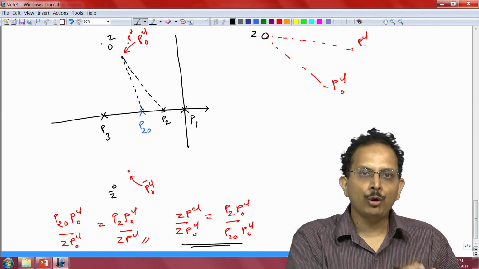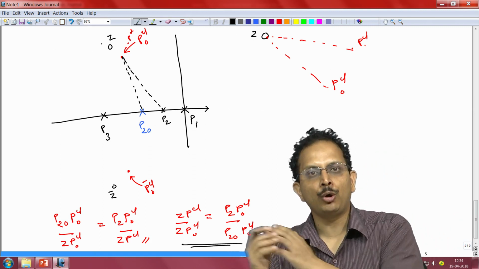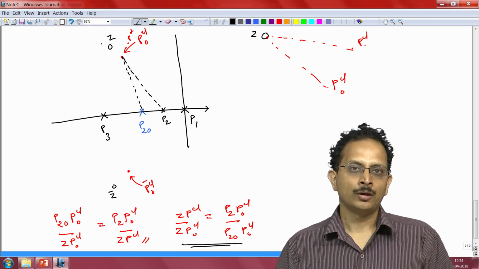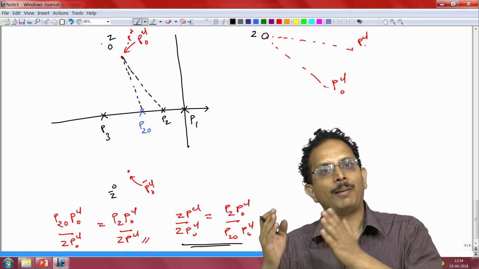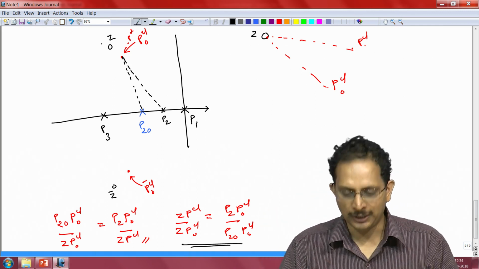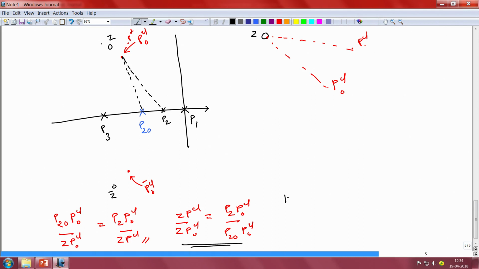Now when the ratio of two complex numbers is equal to the ratio of two other complex numbers, what we can essentially say is that the ratios of the magnitudes of these two complex numbers are equal, or in other words we can say that the magnitude of ZPCL divided by the magnitude of ZPCL naught is equal to the magnitude of P2 PCL naught divided by the magnitude of P2 naught PCL naught. So this is one statement that we can make directly from the expression that has been given here.